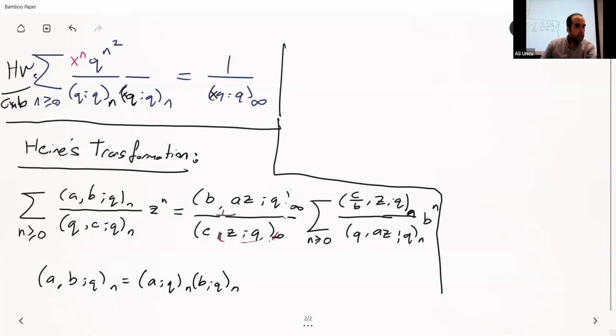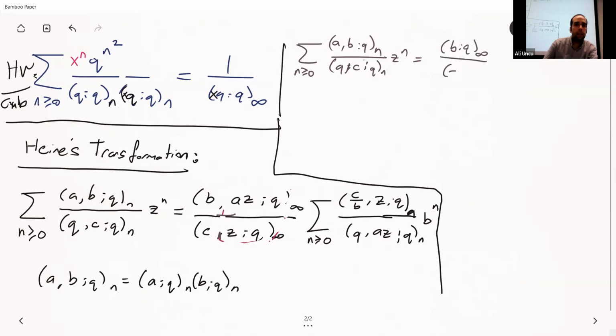Okay, we start with this left-hand side: the sum over n greater than or equal to 0 of (a; q)n (b; q)n / ((q; q)n (c; q)n) z^n. Then what we want to do is have this (b; q)∞ and (c; q)∞. So if I pull it out, (b; q)∞ and (c; q)∞.